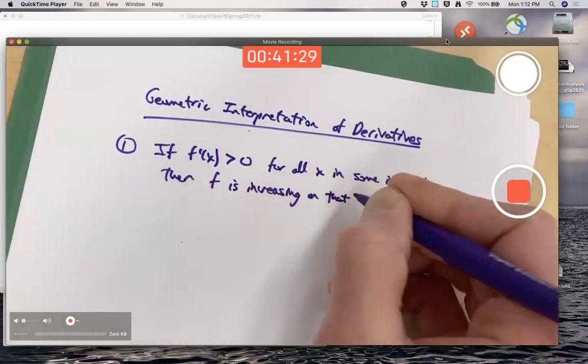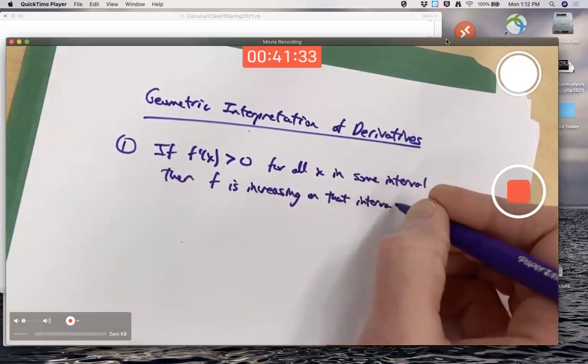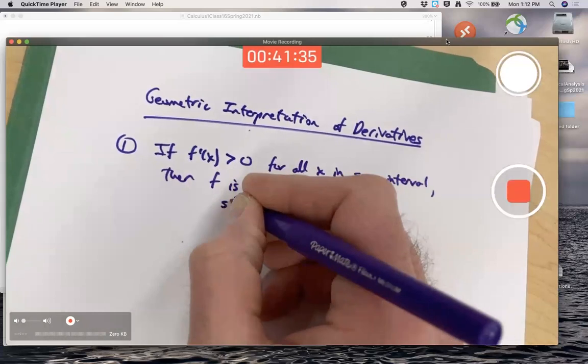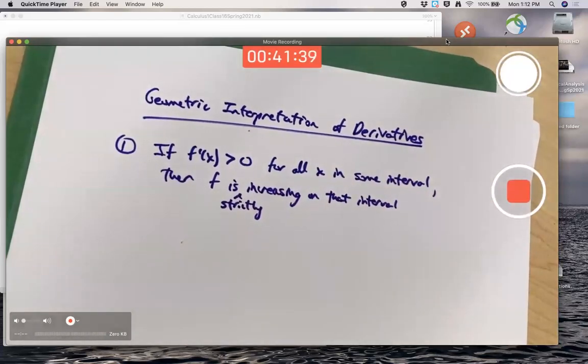Some people would add the word strictly in there. In fact, I would usually add it: strictly increasing. If the derivative is always positive, the function is going up.